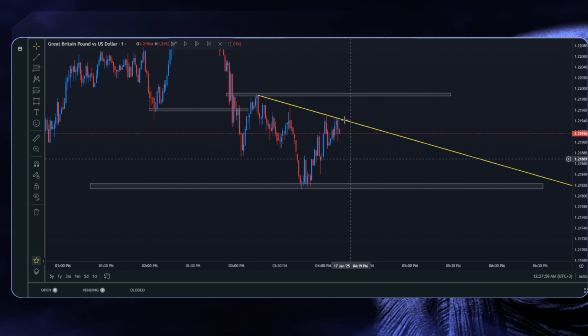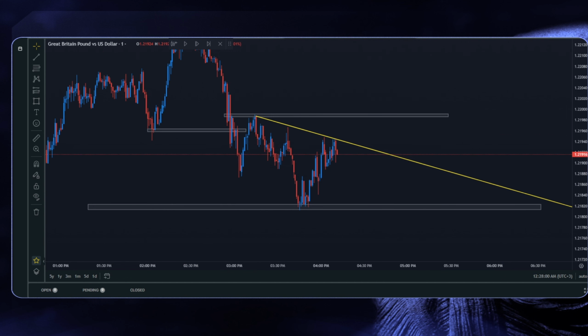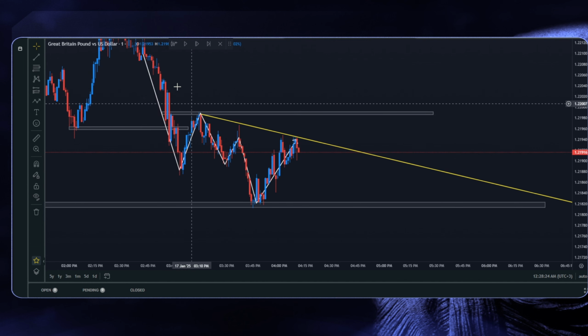You're seeing the market is giving us this impulse to the downside, pulling back, giving an impulse, pulling back, and then giving an impulse, and then pulling back to our trend line. So we have identified resistance, identified our trend, we have identified the direction.